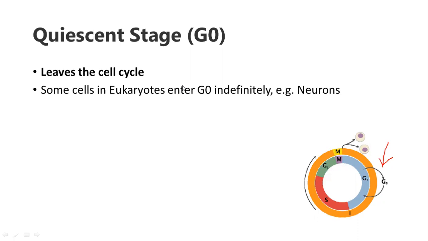So that's G2: second growth phase, reorganization of organelles via replication, and coiling and shortening of the chromosomes in readiness for mitotic division, the M phase. And then after that, we have the G0 phase.